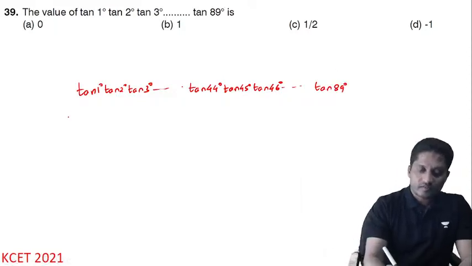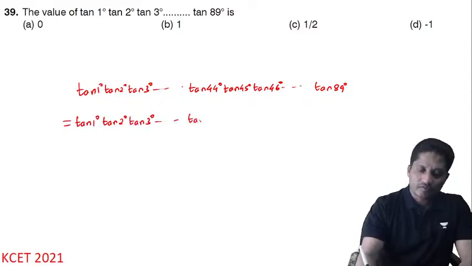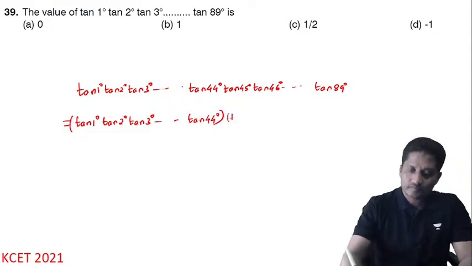Now this is tan 1 into tan 2 into tan 3 and so on up to tan 44. Tan 45 is 1.